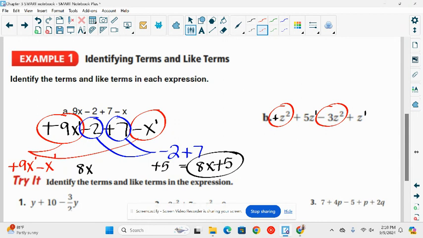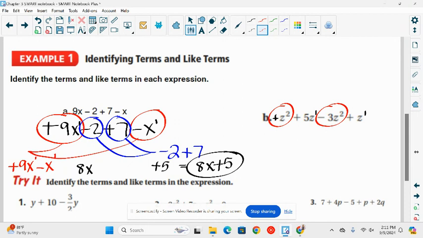Alright, can anything else go with those terms? Nothing. Why? They have the same variable, but what else do they also have to have the same of?